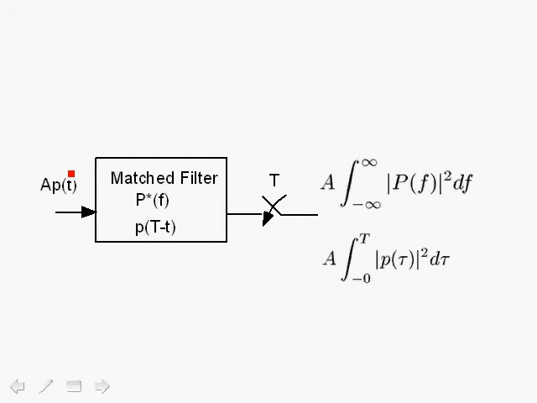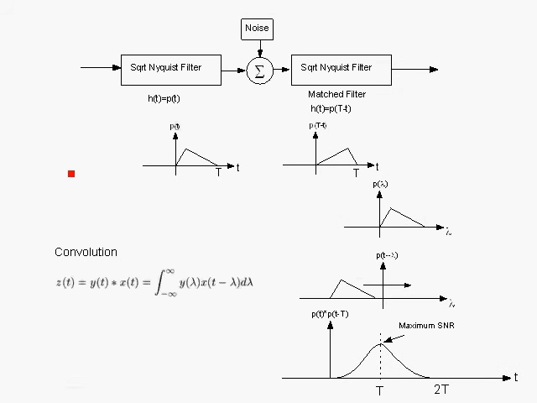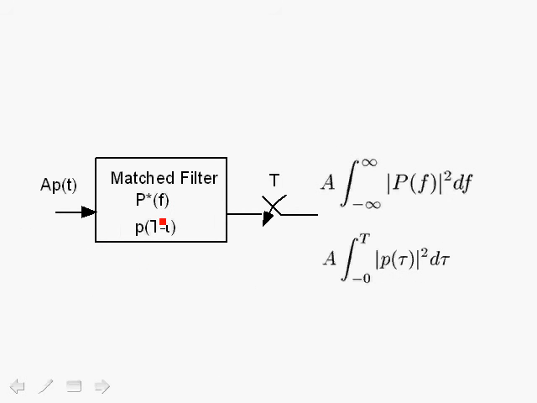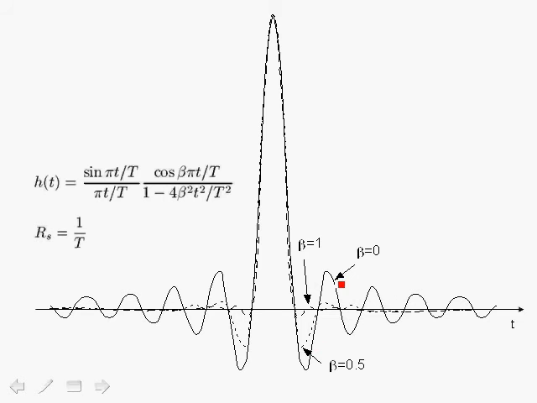P of t is a pulse shape of the transmitted symbol, which, going back here, as we indicated, we have impulses going into the Nyquist pulse shaper, the square root Nyquist pulse shaper, and the output would be an impulse response corresponding to a symbol, and that impulse response, p of t, would actually be the raised cosine type pulses that we have shown before. For example, for the case of beta equals 1 with 100% roll-off factor, it would be this pulse over here, as we can show.